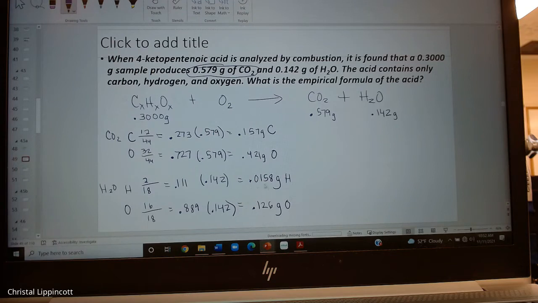The grams of hydrogen in this material has to be this amount. So my carbon is 0.157 grams of carbon. My hydrogen is going to be 0.0158 grams of hydrogen. I've got to figure out my grams of oxygen.